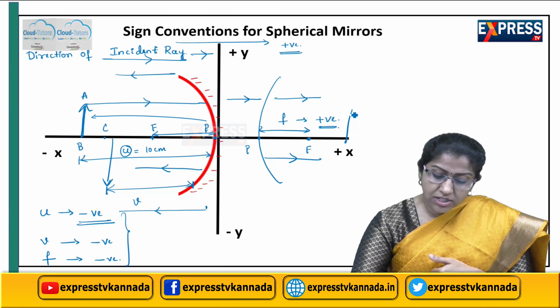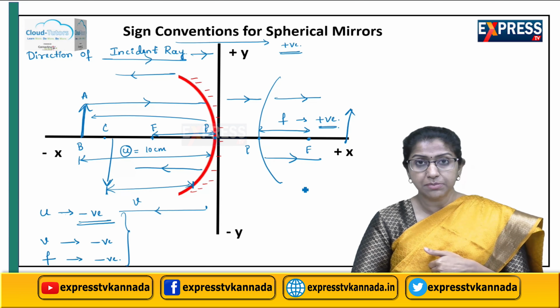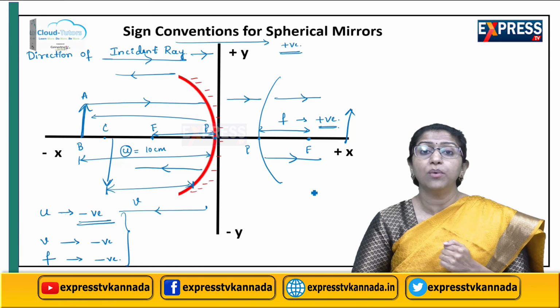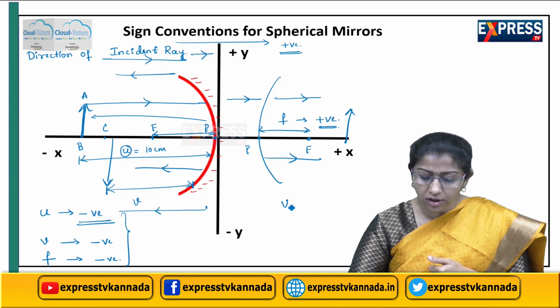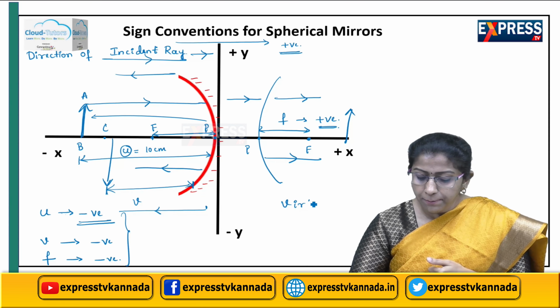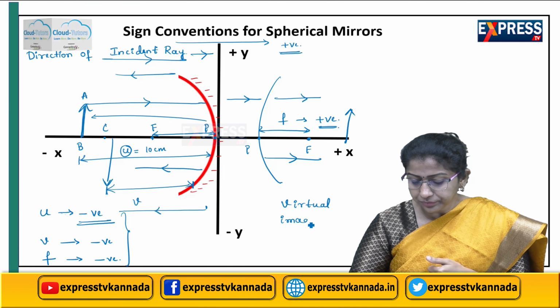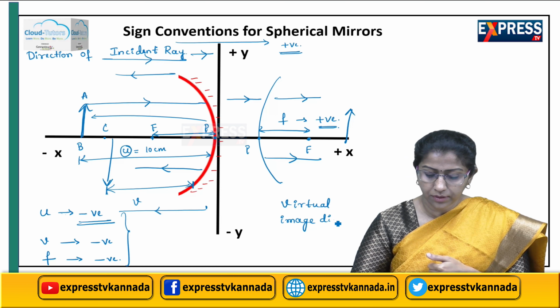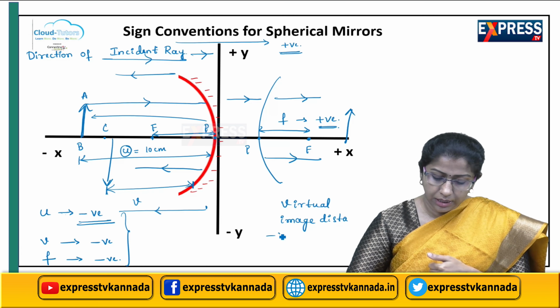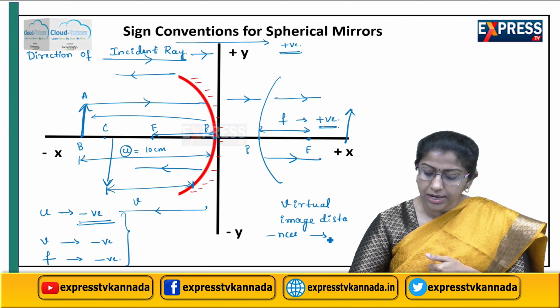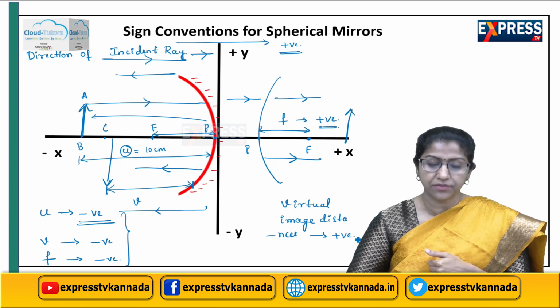The image distance for a convex mirror, that is image distance for virtual images, are always positive.